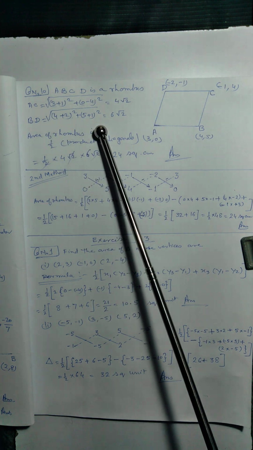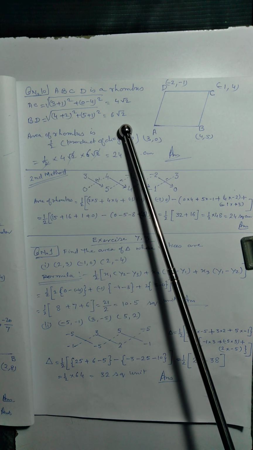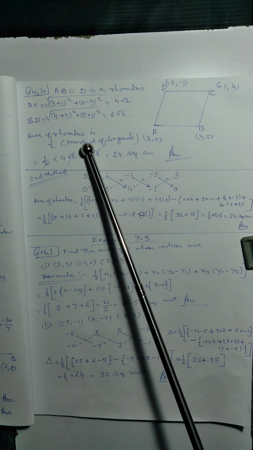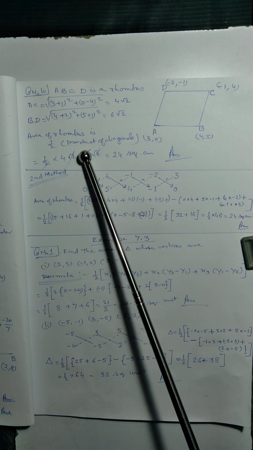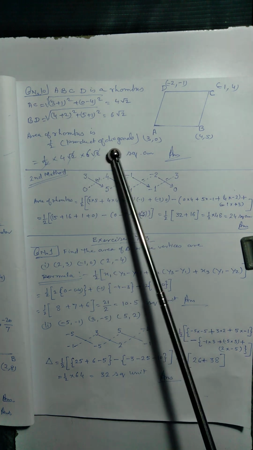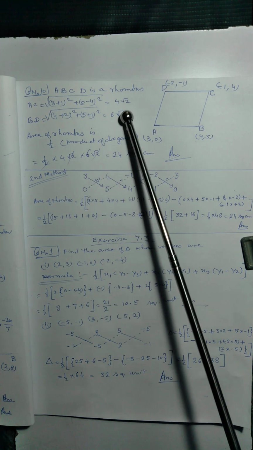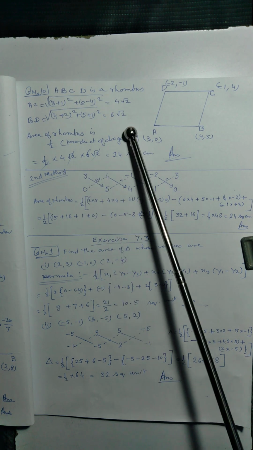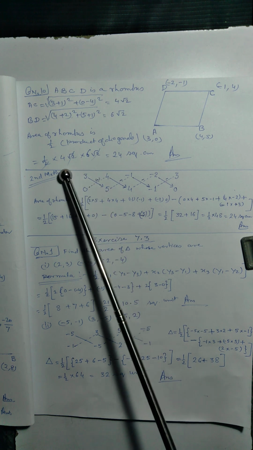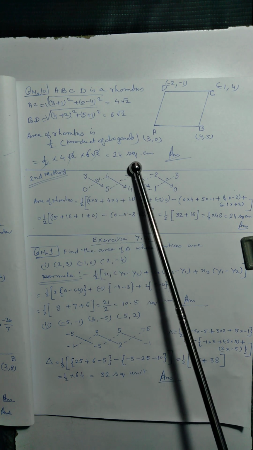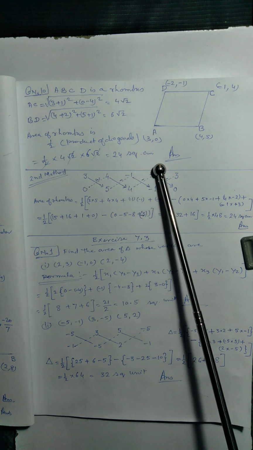Take out the root of this, it will be equal to 6 root 2. The area of a rhombus is 1/2 the product of the diagonals. So 1/2 into 4 root 2 into 6 root 2, and ultimately you will get 24 square centimeter.